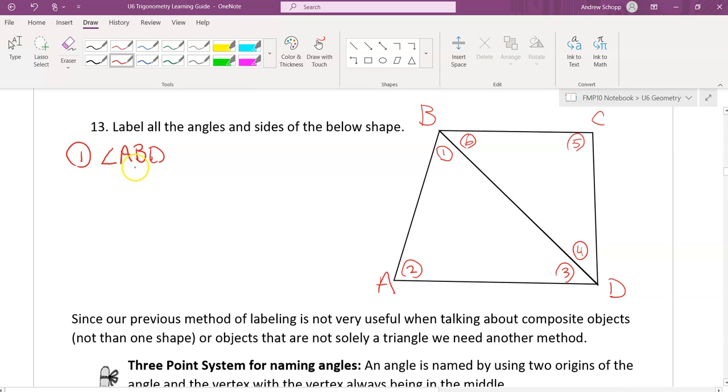So it starts at A, goes to B, and then to D. Most important is that B is in the middle, because the same angle is represented by angle DBA.